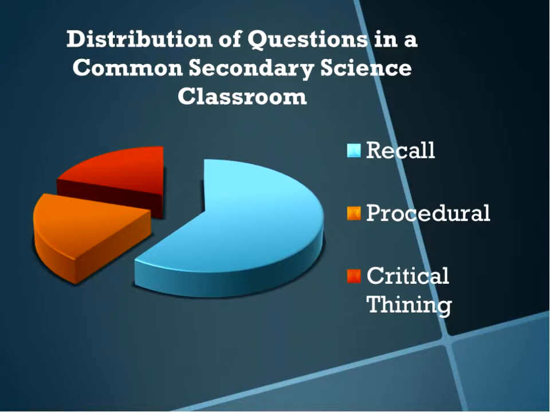Now, we'll always have some recall level questions, but with it being 60% of the questions, and knowing that teachers ask approximately 50 questions per hour of instruction, that means the majority of questions that are being asked really never get us to an opportunity where students can and have to show and exhibit higher level thinking.